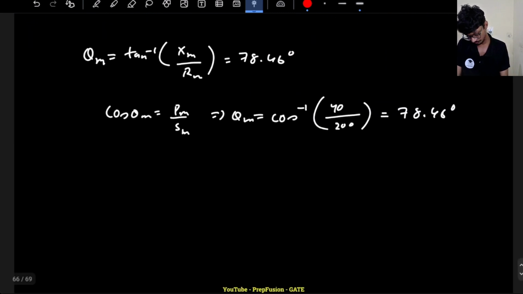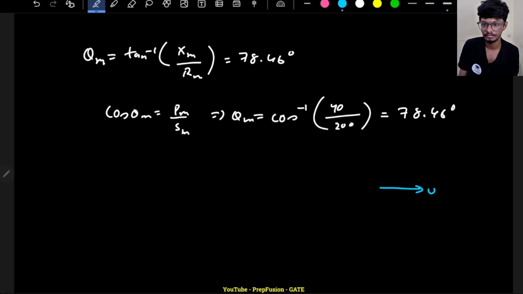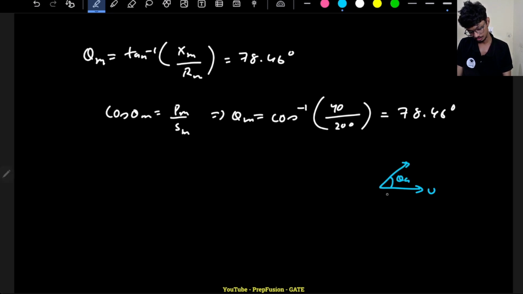This is my voltage here, and I need maximum starting torque. Maximum starting torque basically means that the addition of these two angles will be 90 degrees. That will provide me the maximum starting torque.